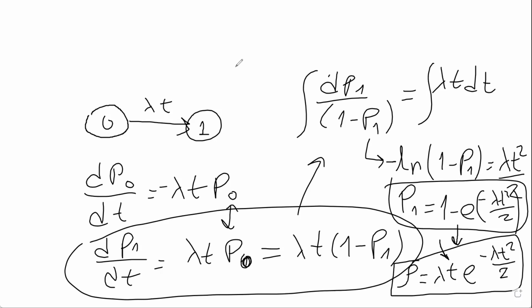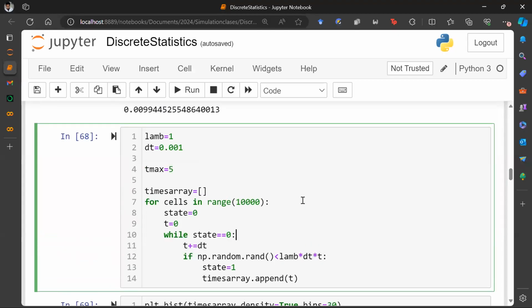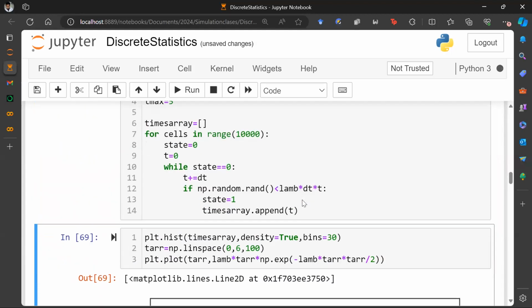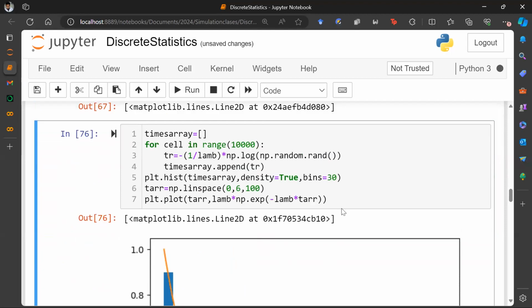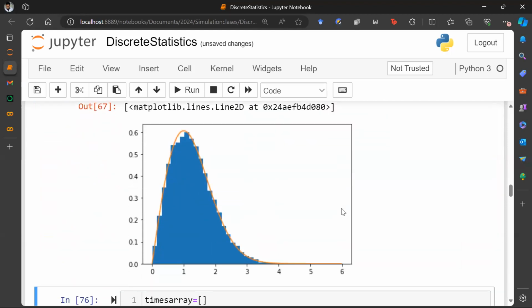I run this again for 10,000, and I compare the histogram of my array of times with the distribution that we just obtained analytically, that is lambda times t times the exponential of minus lambda t squared over 2. And you see here the match.